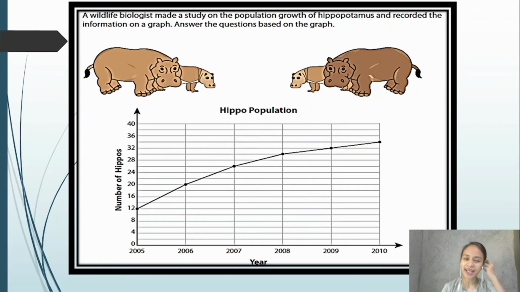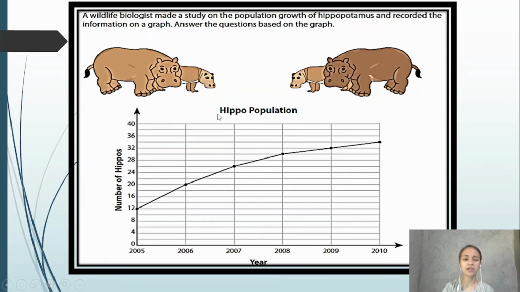Now, let us have this another line graph. A wildlife biologist made a study on the population growth of hippopotamus and recorded the information on a graph. Answer the questions based on the graph. Let us first observe the line graph.